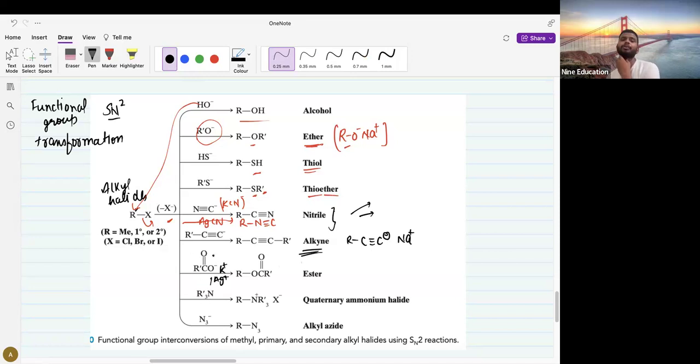Silver salt of carboxylic acid. Yesterday we have studied in Hunsdiecker reaction, silver salt of carboxylic acid or potassium salt of carboxylic acid. If I attack, this RCOO minus will attack on R group and X minus will remove to give me ester.